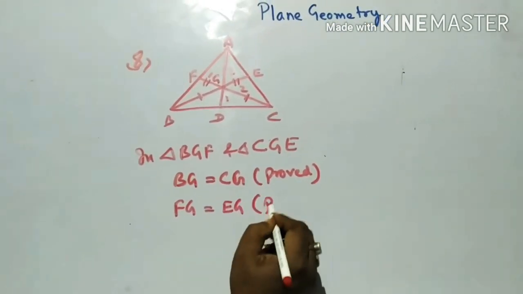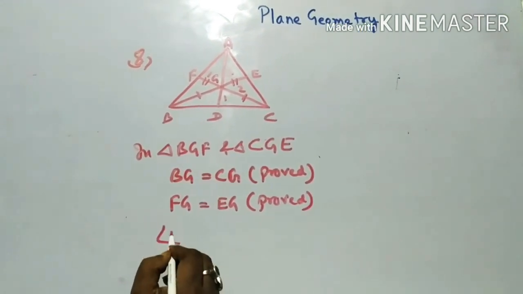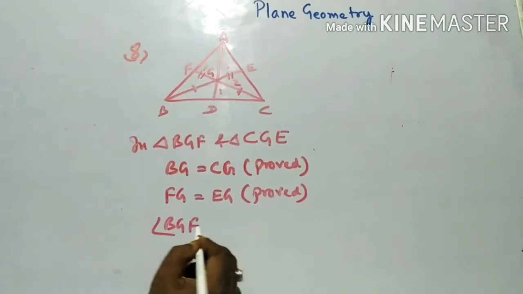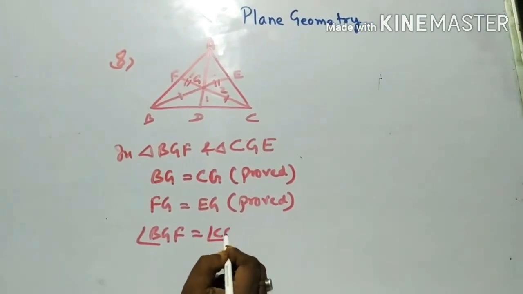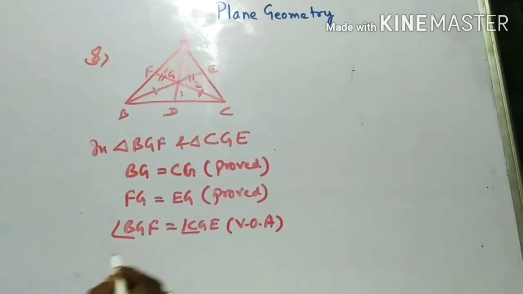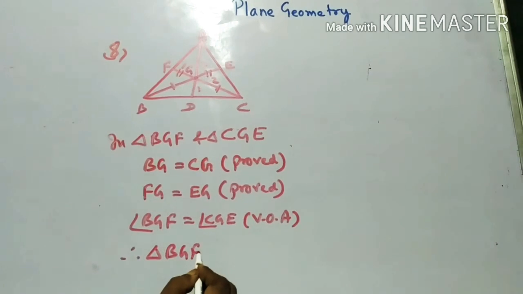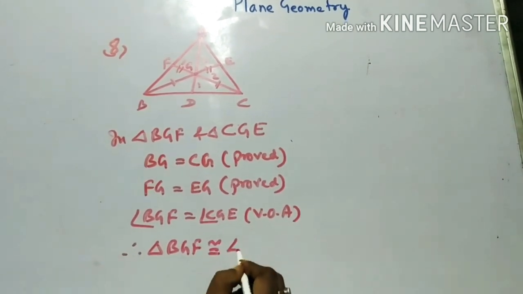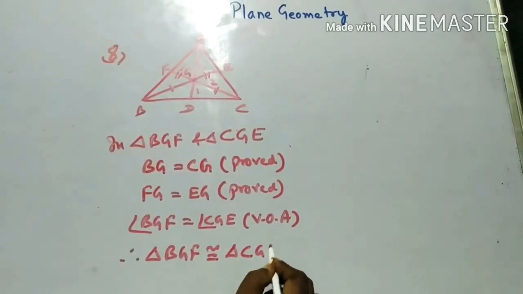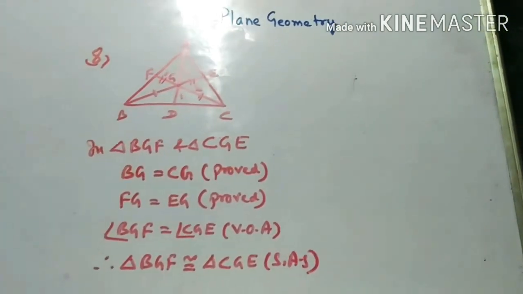This is also proved. And angle BGF is equal to angle CGE. This is vertically opposite angles. So therefore, triangle BGF is congruent to triangle CGE, that is SAS congruent.